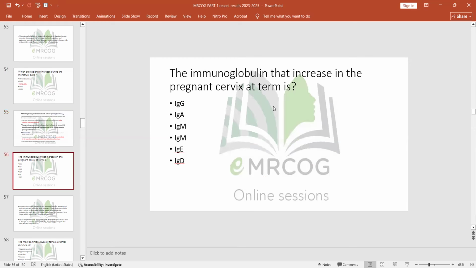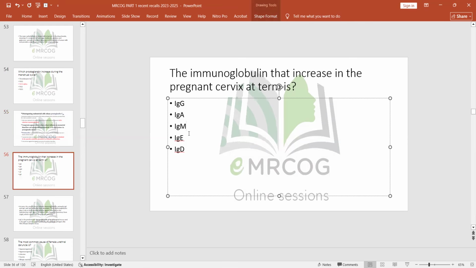Okay, immunoglobulin that increased in the pregnant cervix at term. This one is repeated. Let me ask you guys, which immunoglobulin is usually increased in the mucosal surfaces? IgA, excellent.